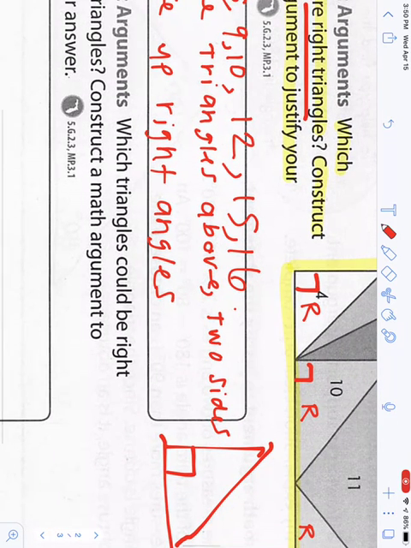And then I definitely have to back it up that it makes 90 degrees. And having a picture to back it up is also a great way to construct my argument using a visual.